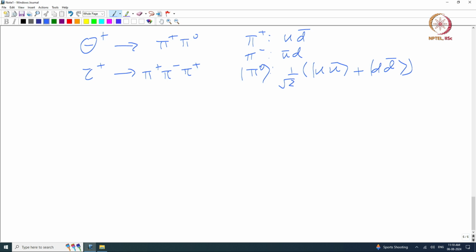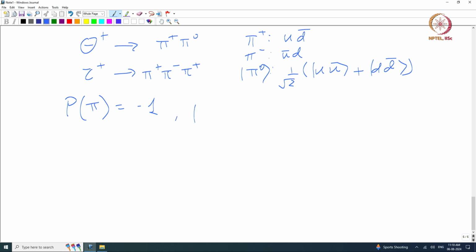Now it was known already that the pion carried an intrinsic parity of -1. Parity is a quantum number that you multiply.